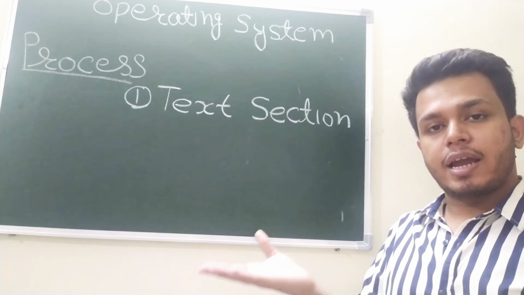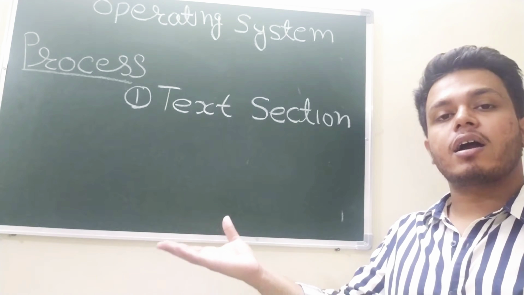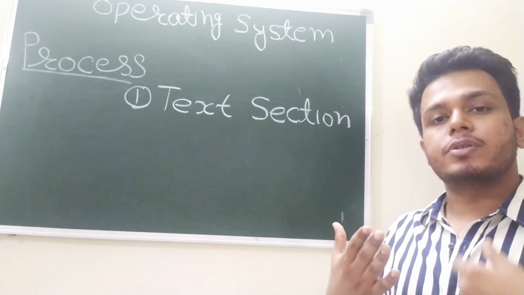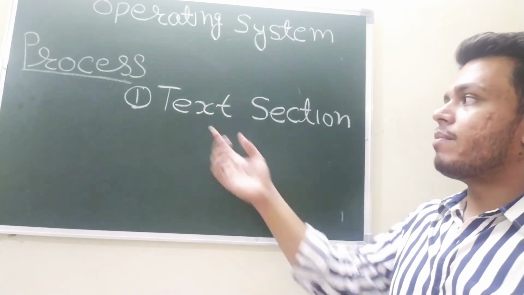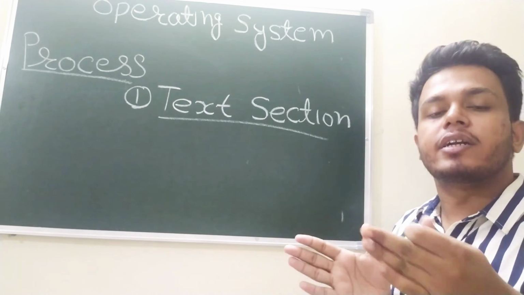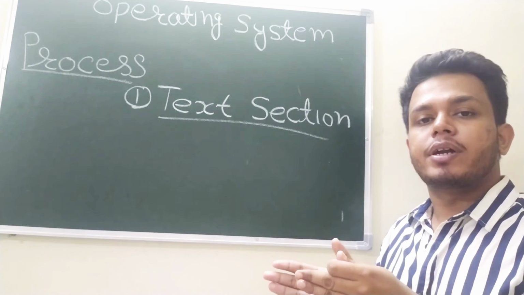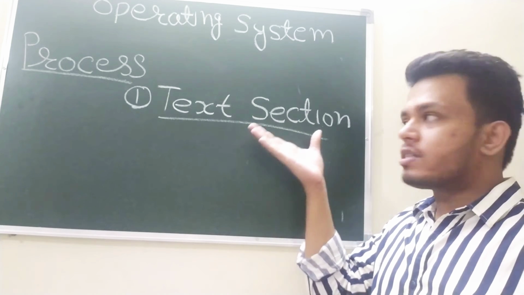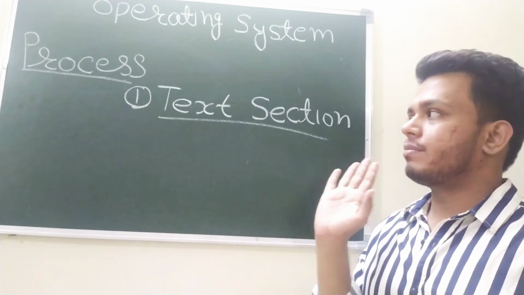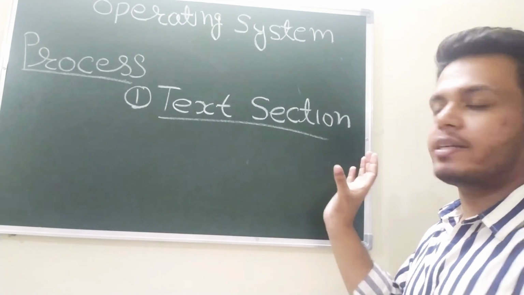Non-volatile means secondary storage, and the data comes into the main memory for the purpose of execution. That comes under the category of the text section, because we are segregating the data according to the types of data. So the text section is where the data from the non-volatile memory comes, right? So this is about the text section.